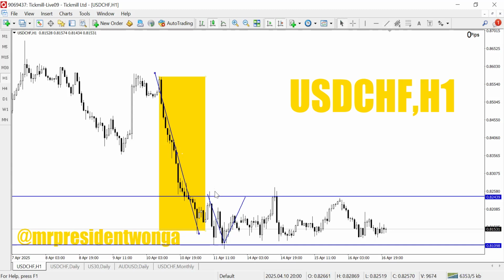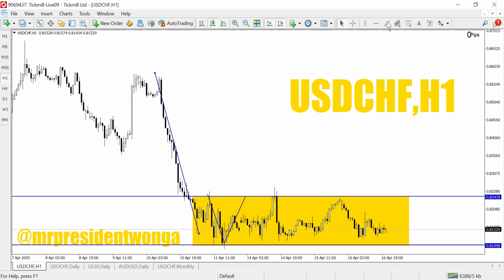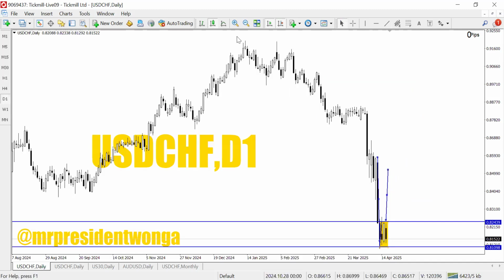Currently, what is happening on USD CHF is that it is ranging, or we can say it is moving sideways. Once the market starts moving sideways, you can expect a break to the upside or a retest to the upside. In this case, let's quickly go to the daily because we are focusing on the Fibonacci.